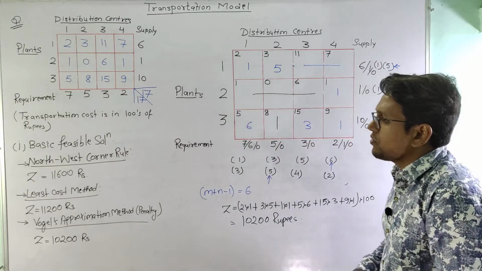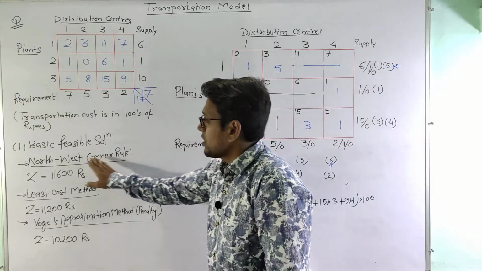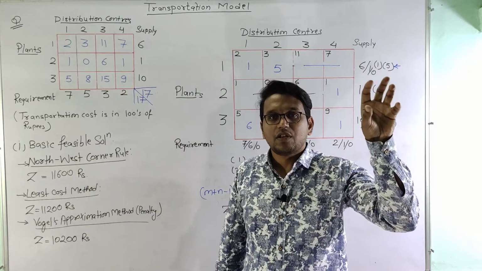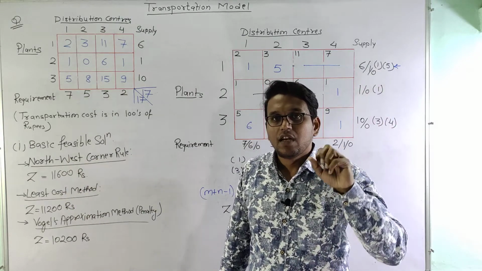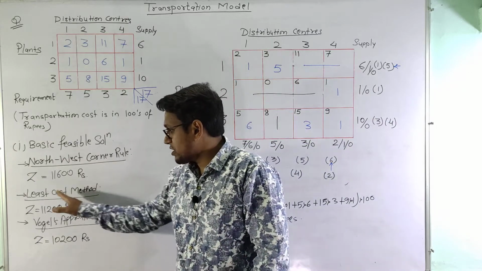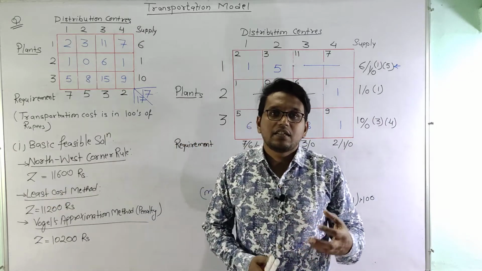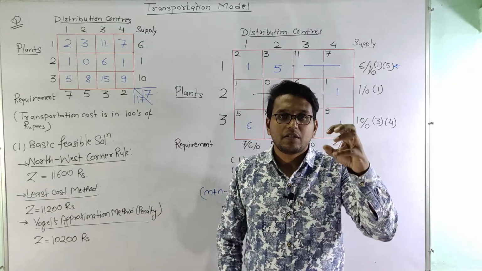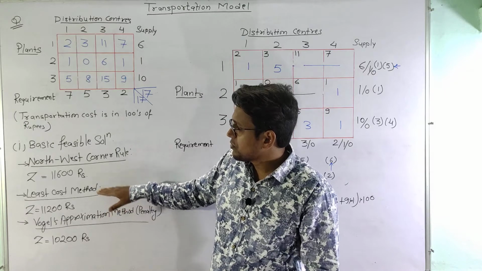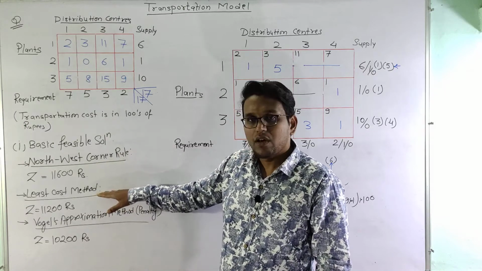So why is it so? Because in the northwest corner rule we are just arbitrarily allocating in the northwest cell without having any criteria, and in the least cost method we are selecting the minimum transportation cost cell, which has improved the solution from northwest corner rule.